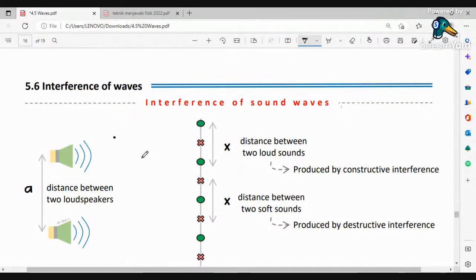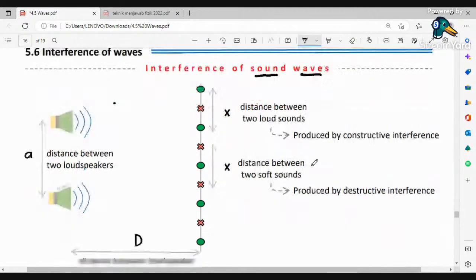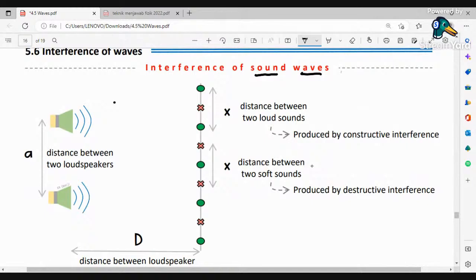Okay, interference of waves for sound waves. We apply the same concept. First, there must be coherent sources, S1 and S2. These two loudspeakers are connected to the same audio signal generator, which produces sound of the same frequency.